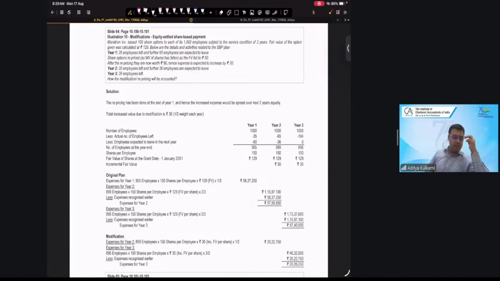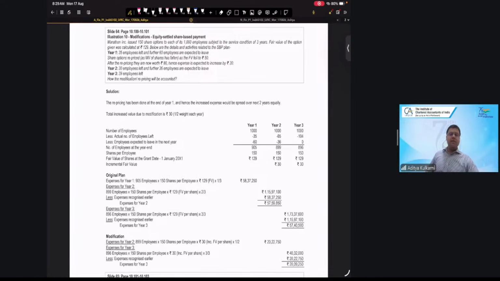That is fair value of the revised plan minus fair value of the original plan on the modification date. If the incremental fair value is positive, where it is beneficial to the employees, consider that. In case it is negative, it will be deemed to be zero, because an option change which is adverse to employees will never be exercised. So it will be zero.